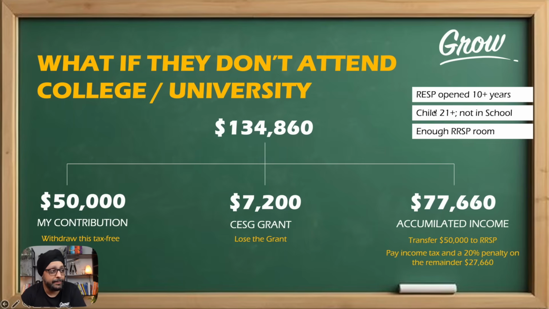If the child has to be 21 years, then we'll have to compound this by another 3 years, so it will be more than $77,000, and they should not be in school, and you should have enough RRSP room. It should not be that your RRSP room is already maxed out because you are high income and you still have $50,000 that you can roll over into RRSP. You have to have room in your RRSP in order to do that.